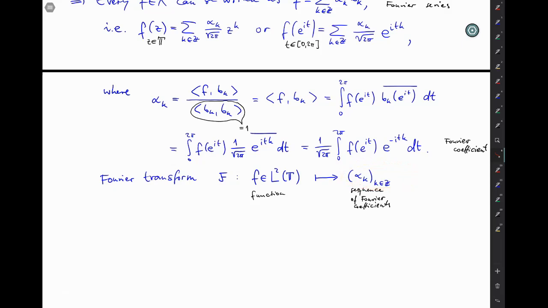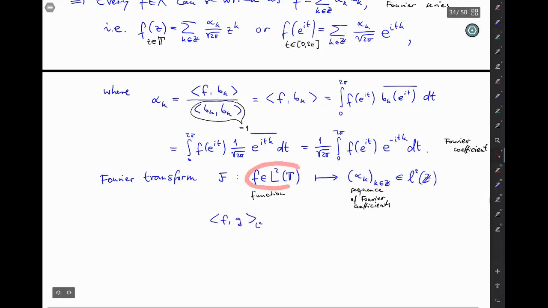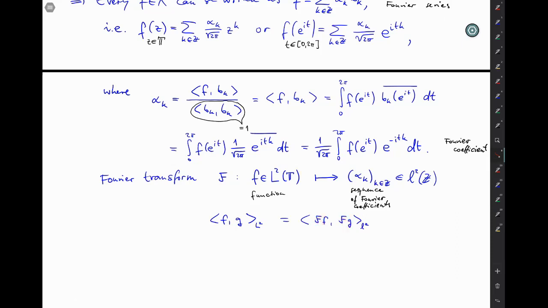So you get that your sequence of Fourier coefficients is an element of the little L2 sequence space, and that the scalar product of two functions here is invariant under this Fourier transform. So these here are now sequences of Fourier coefficients, and just to avoid confusion, I'm writing little subscripts down here for the spaces where the scalar products are coming from.